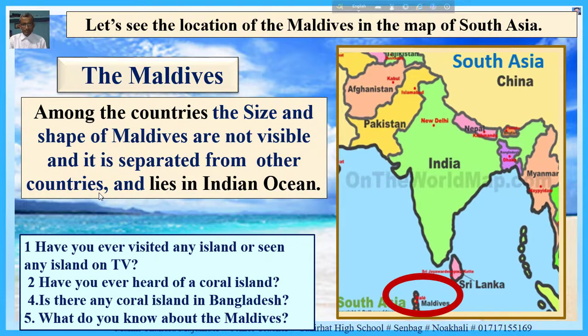Yes, you have. Is there any coral island in Bangladesh? Yes, there is a coral island in Bangladesh named Saint Martin. What do you know about the Maldives? Maldives is an island country, lies in the Indian Ocean, and it is situated in South Asia.